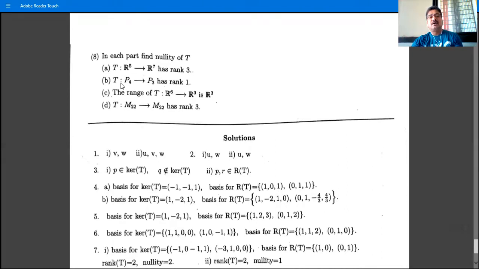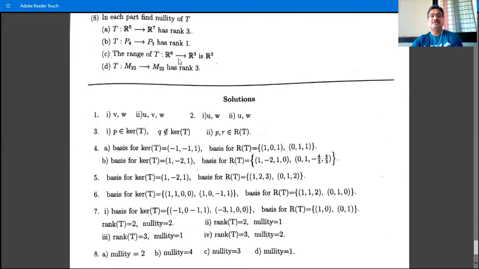And so for example number 2, rank of T plus nullity of T is equal to the dimension of P4, that is 5. Therefore nullity of T is 5 minus rank of T, and rank of T is given as 1. So the nullity of T is 4.